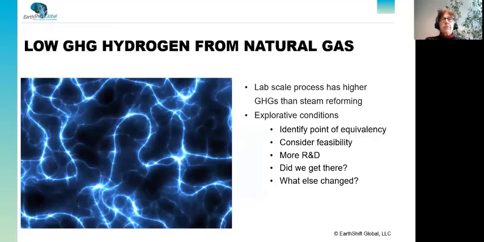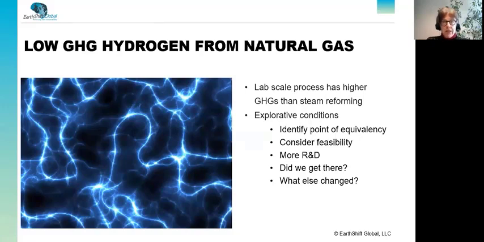And when we put in their preliminary data from their lab scale, we found out that in fact it had higher GHGs than the steam reforming, higher global warming potential emissions. And so we wanted to see, okay, what did they need to do to get it to a point of equivalency? So where did they need to go to get to their goal of being a lower carbon process?